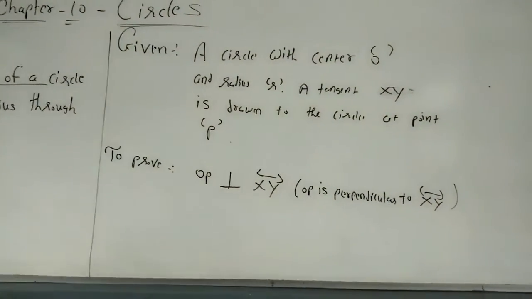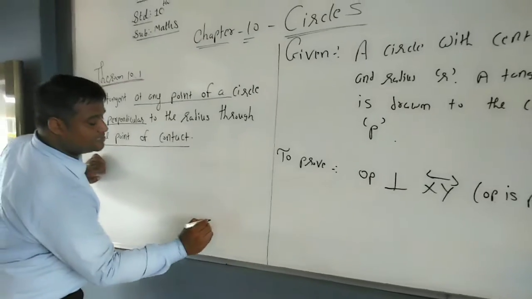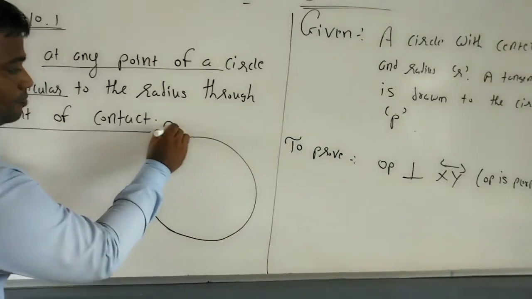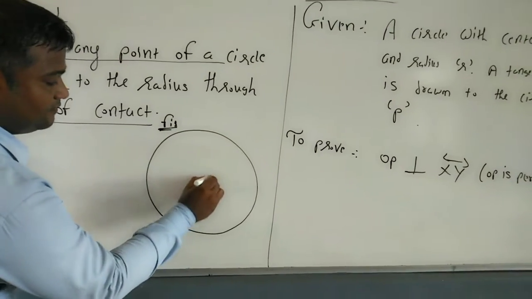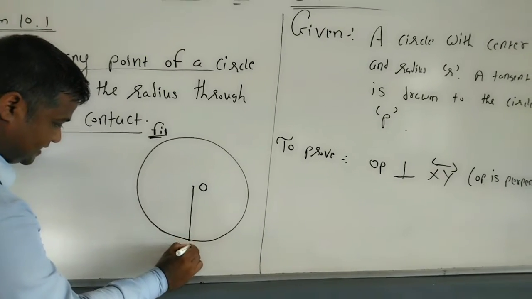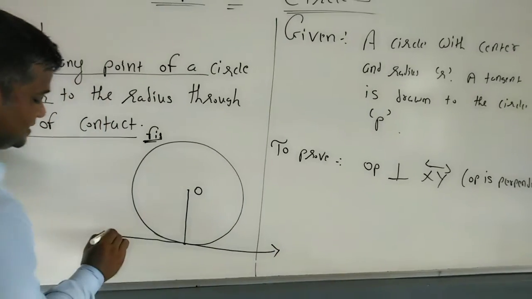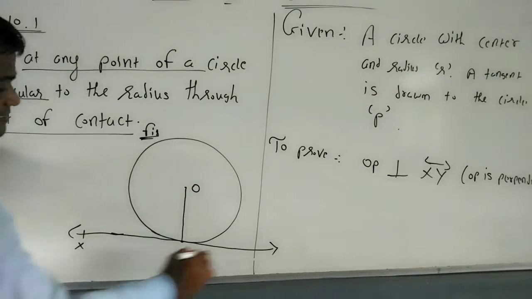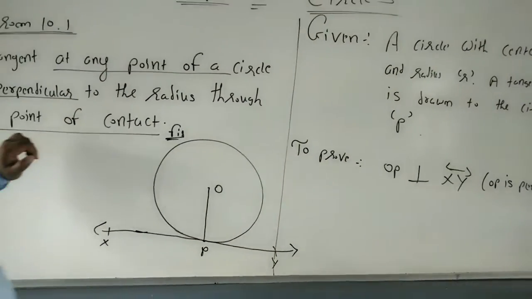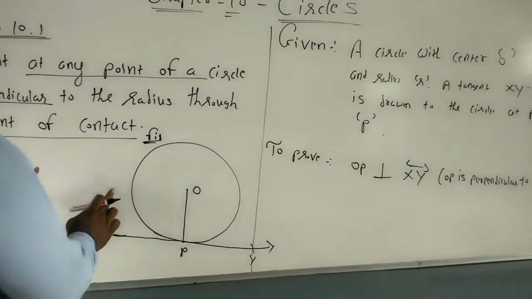Now you are going to draw the figure: a circle with center O, and a tangent touching the circle at one point, P, with ends X and Y.